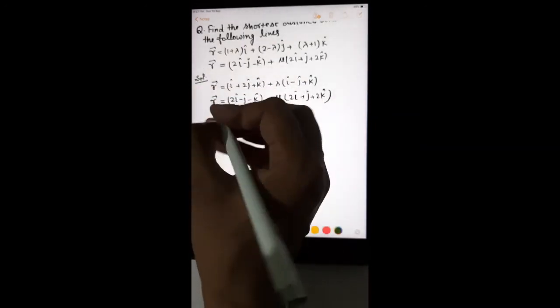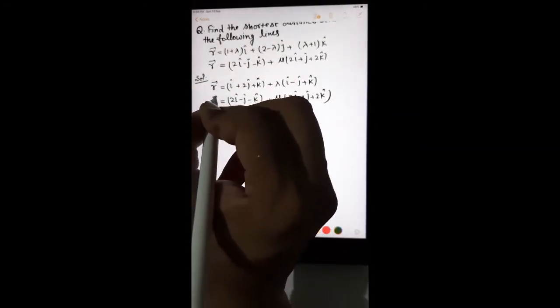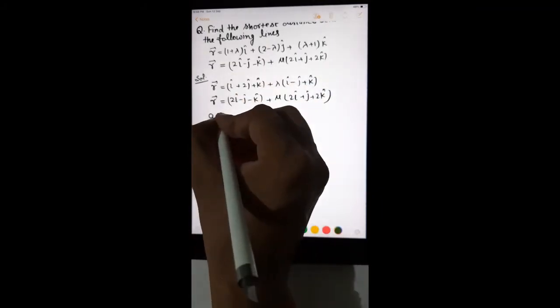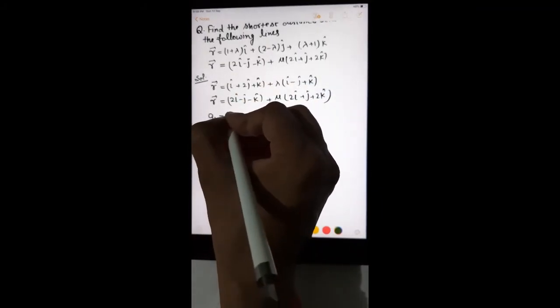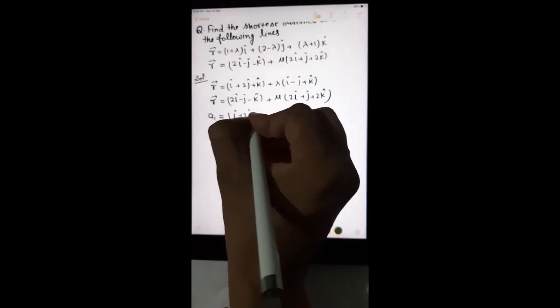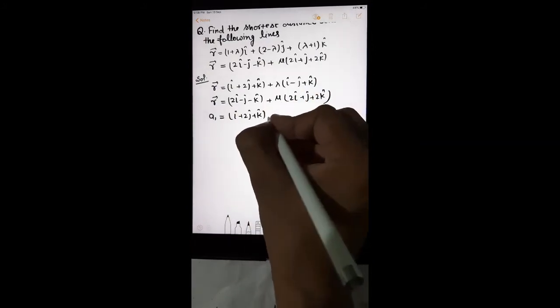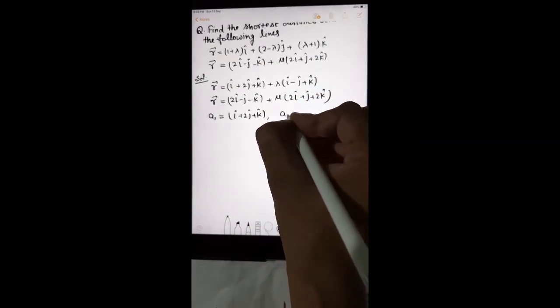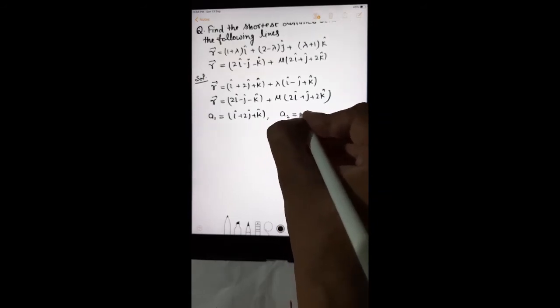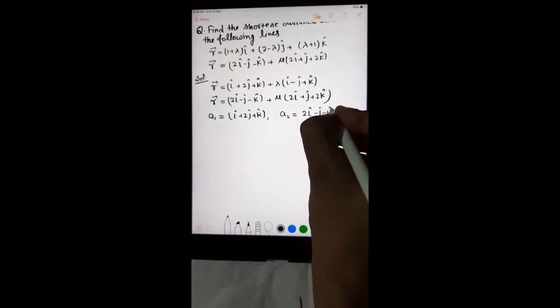Now here A1 means the point from which the first line is passing. So the position vector of that point is i plus 2j plus k, and the position vector of the point from which the second line is passing, that is A2, is 2i minus j minus k.